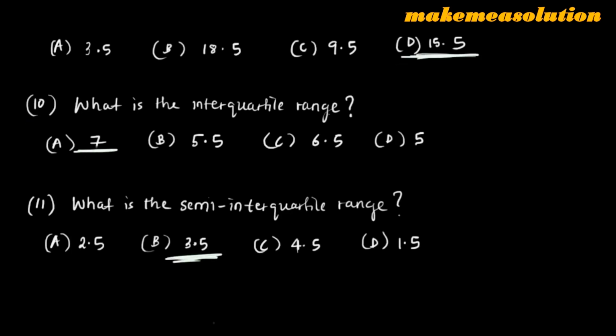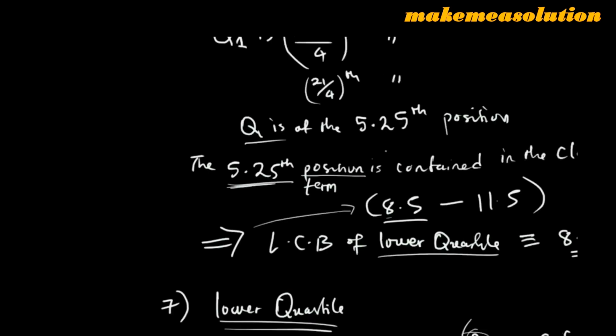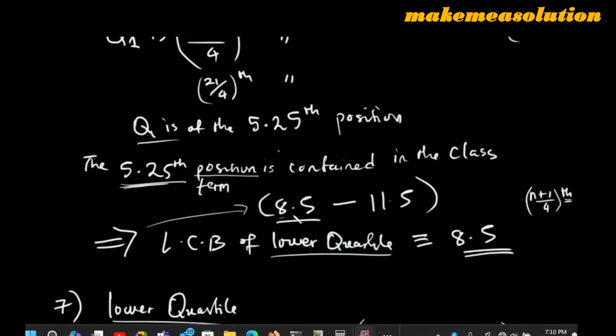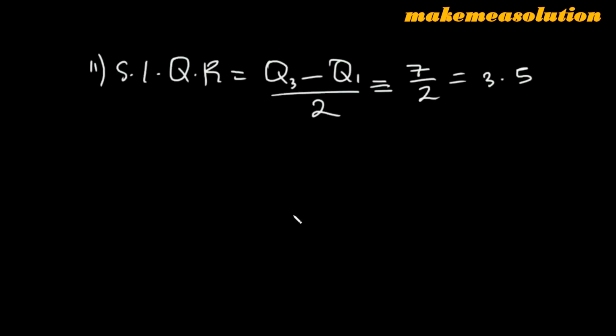So this brings us to the end of this video practically, but I just wanted to show you something very briefly. What if you're asked to find the median? I want you to verify something, students.